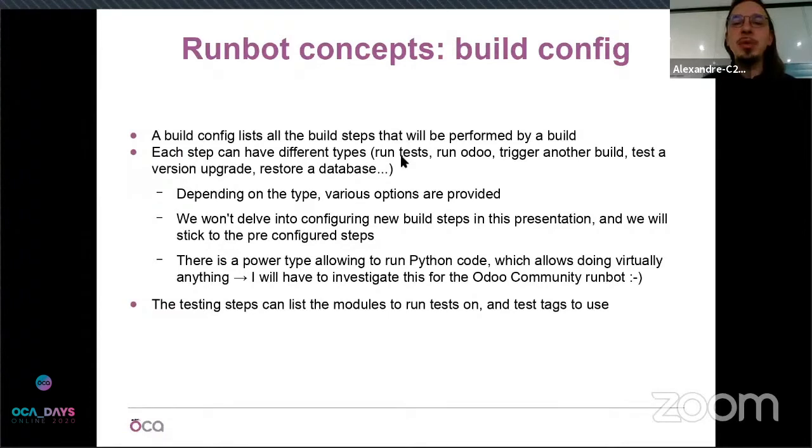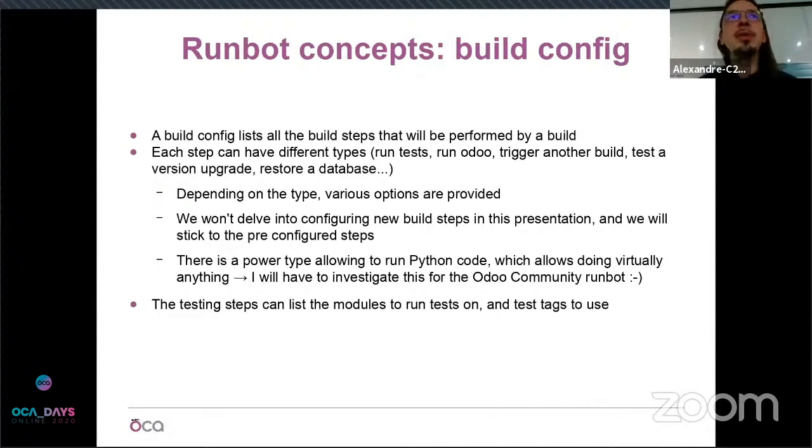It can be run Odoo, it can trigger another build, it can trigger a version upgrade, it can restore a database, and there is even a Python type which allows you to run Python code.